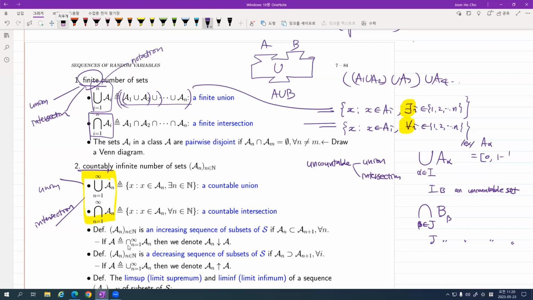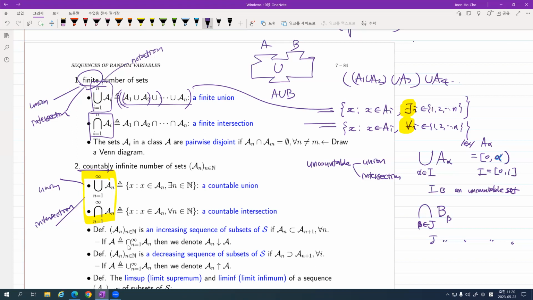Be careful. I may define it like this, with index set alpha as, for example, 0 to 1. So alpha can be any real number between 0 and 1, inclusive. And for each alpha, you have a semi-open interval.